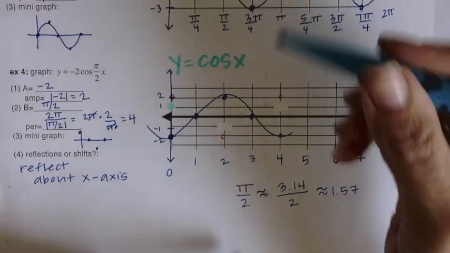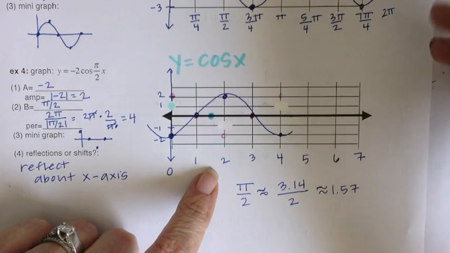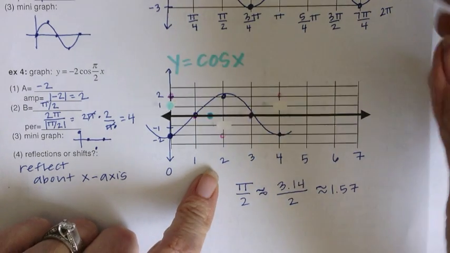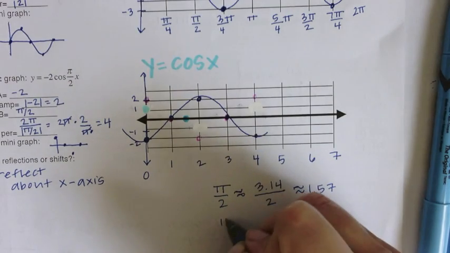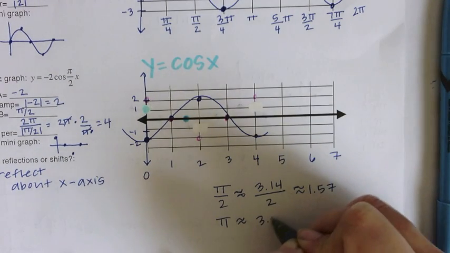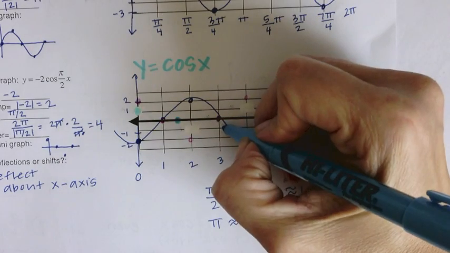So on my graph, I'm going to go to slightly bigger than 1.57 and put a point. And then at pi, it goes to -1, and pi is approximately 3.14. So I just go to 3.14 and put a -1.